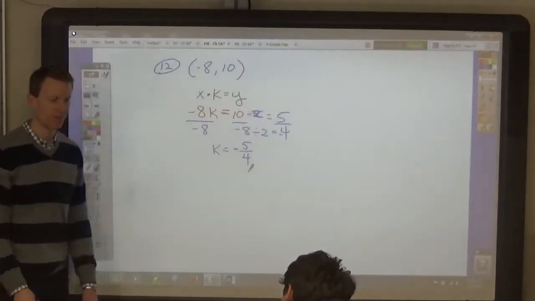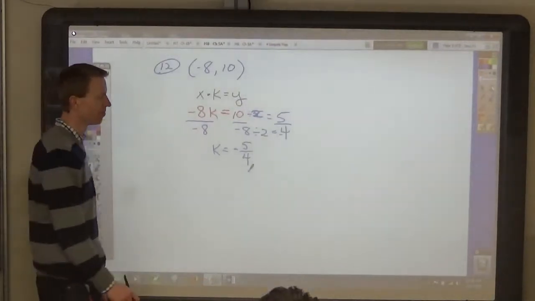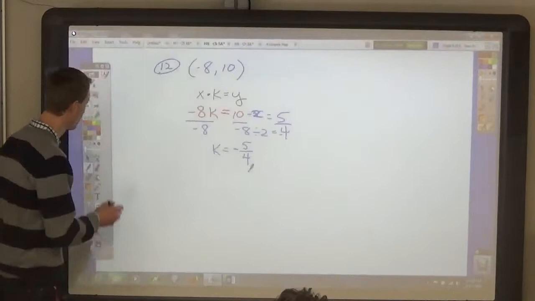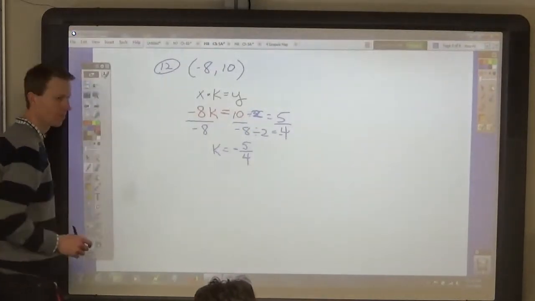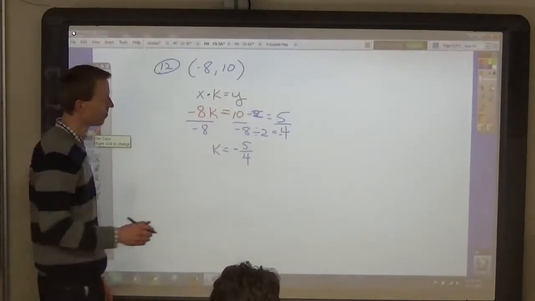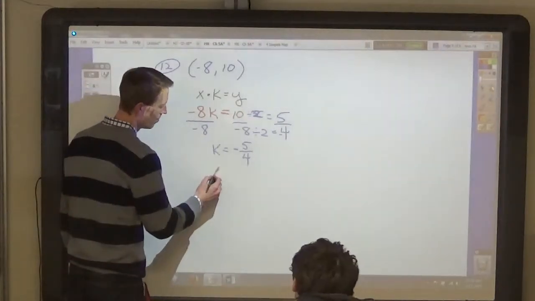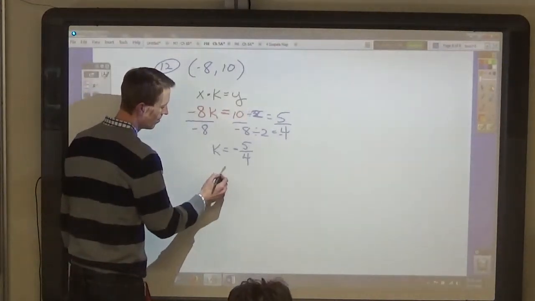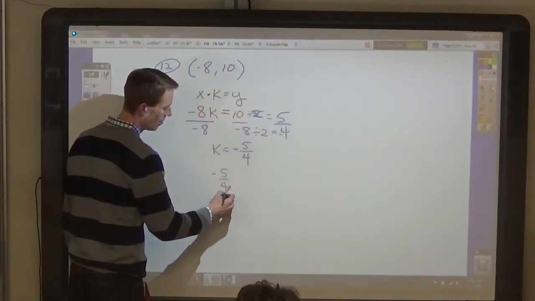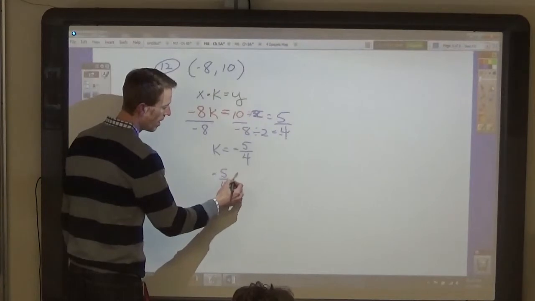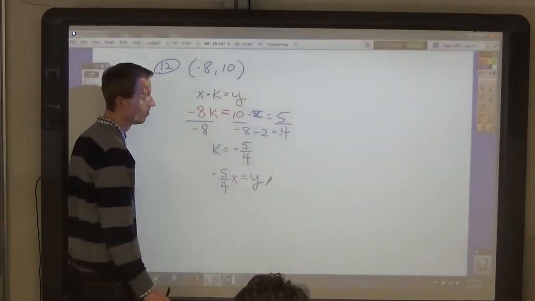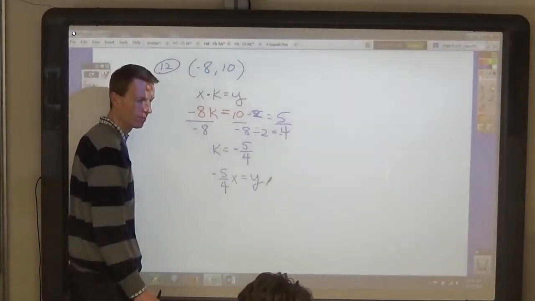Leave it as a fraction, -5/4. Now write the equation. It is x times -5/4 equals y. So -5/4 x equals y. Right?